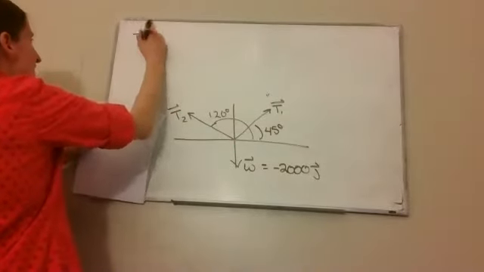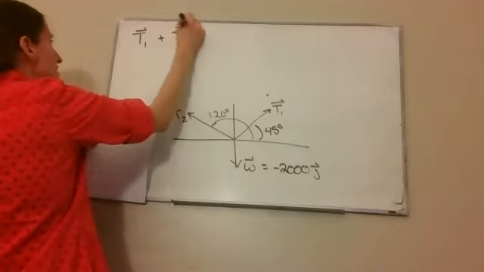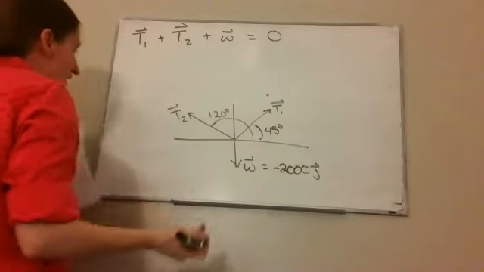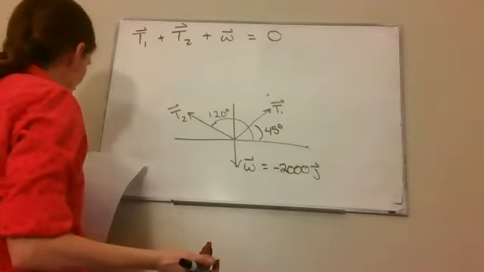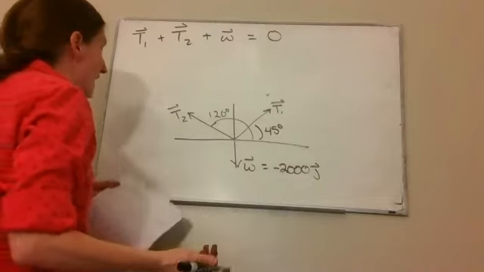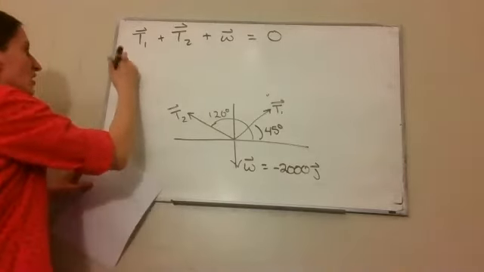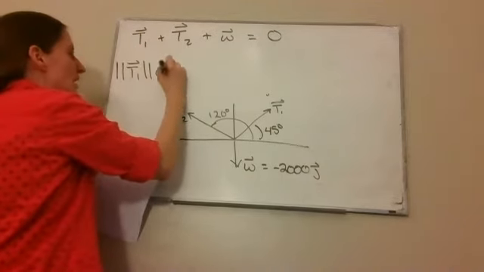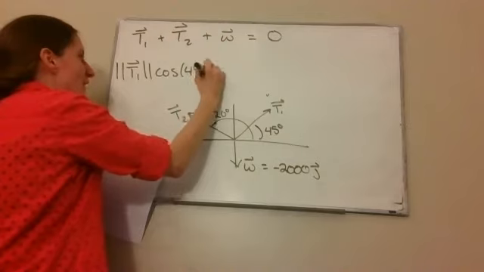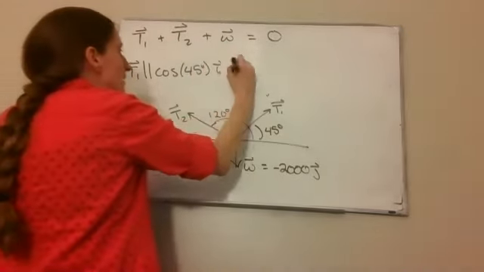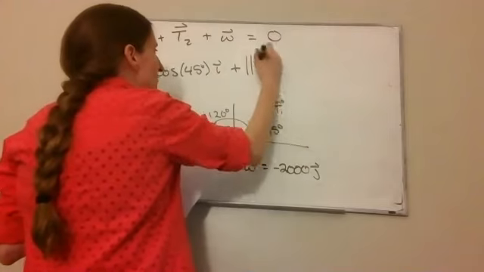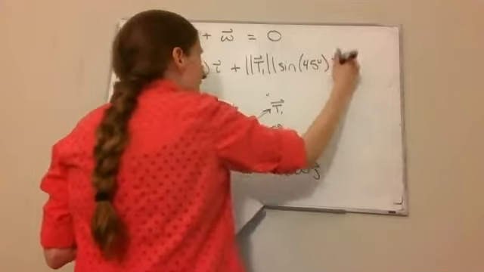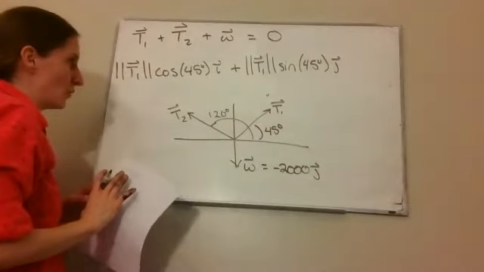So we know that T1 plus T2 plus W is going to be equal to 0. Now I don't know much about T1 or T2, but I know their angles, and I know then that T1 should be equal to the magnitude of T1 times cosine of 45 degrees times I, plus the magnitude of T1 sine of 45 degrees times J. All of that is T1.